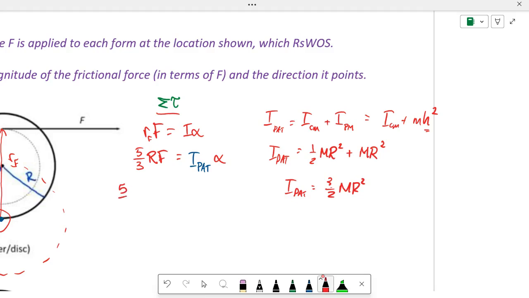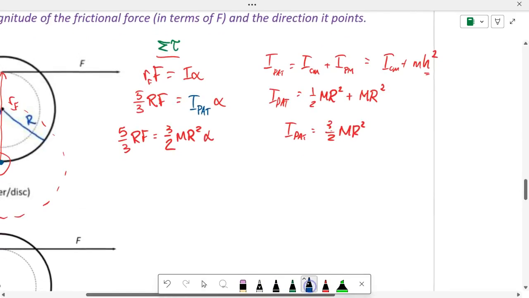Okay, so we got 5/3 RF equals 3/2 MR squared alpha. There's some algebra to do, if you'd like, but let's do it in a minute.